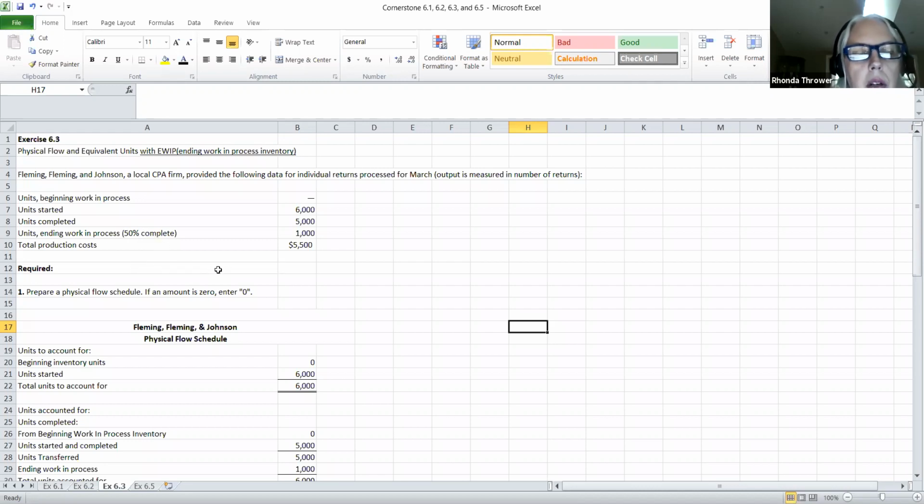And so we're going to be talking about that a little bit more later on as we go through this chapter. The main thing here is you had 1,000 units in ending inventory that were not fully completed. 50% of those were not fully complete with respect to all of the cost.